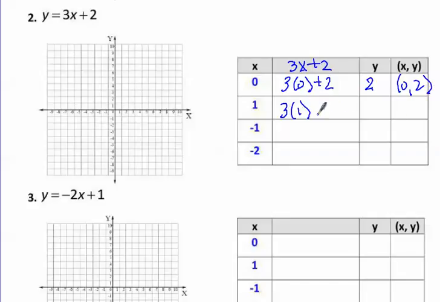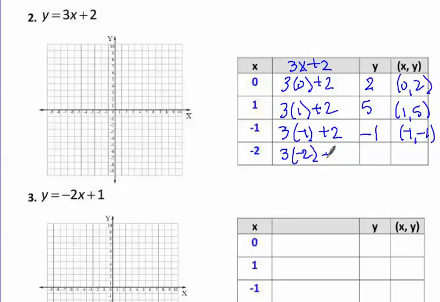Plug in 1. 3 times 1 is 3, plus 2 is 5. 1, comma 5 will be my coordinate point. 3 times negative 1 is negative 3, plus 2 is negative 1, giving me a coordinate point of negative 1, negative 1. 3 times negative 2 is negative 6, plus 2 is negative 4, making my coordinate point negative 2, negative 4.